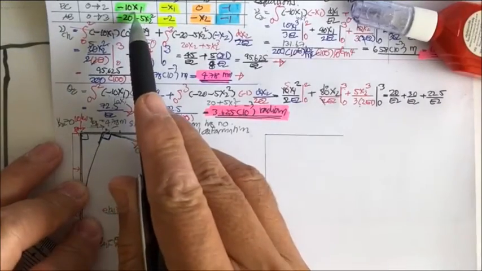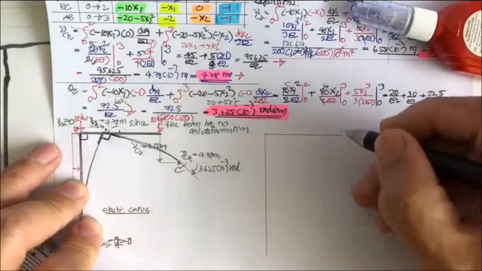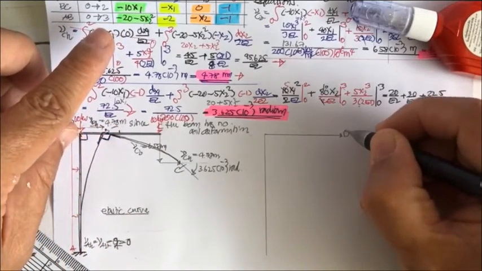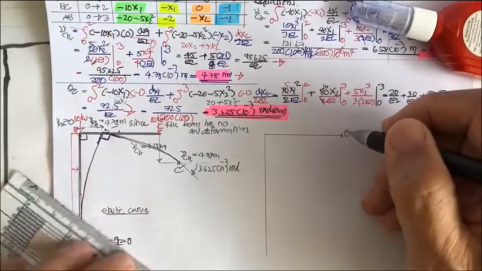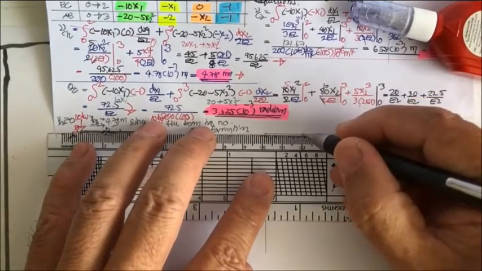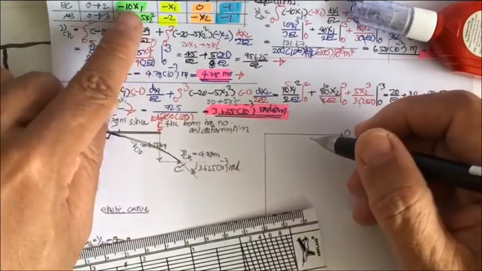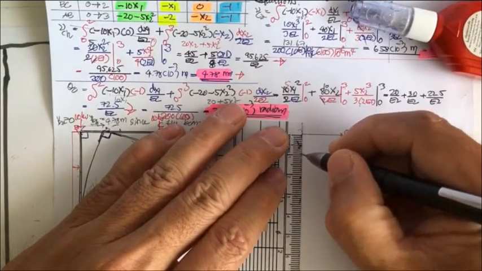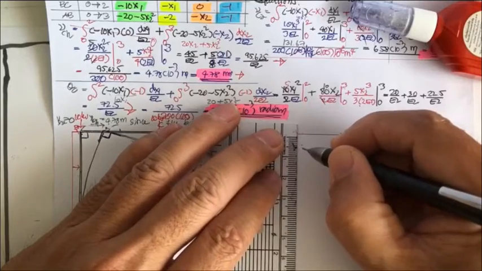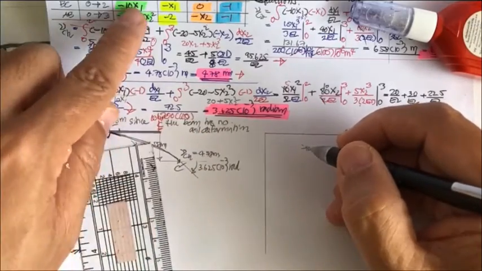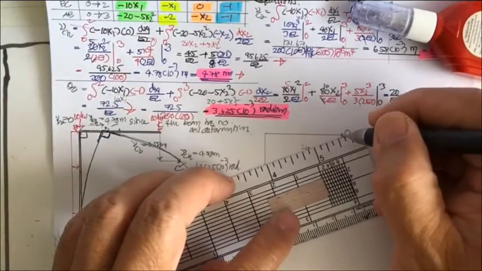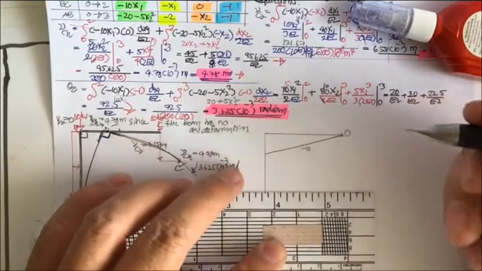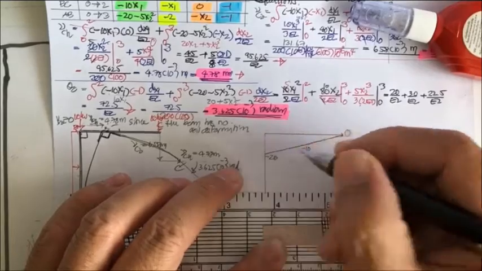The first one, 10 x1. So if x1 starts here, this is going to be 0. And for 1 meter here, that is minus 10. For 2, it's going to be minus 20. It's going to be linear, and this is going to be minus 20.